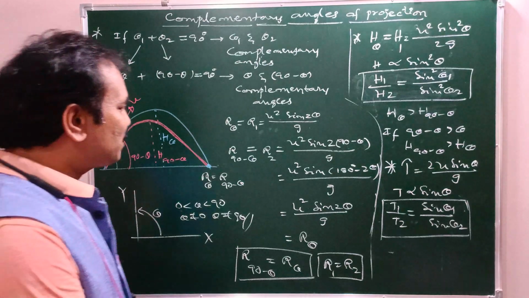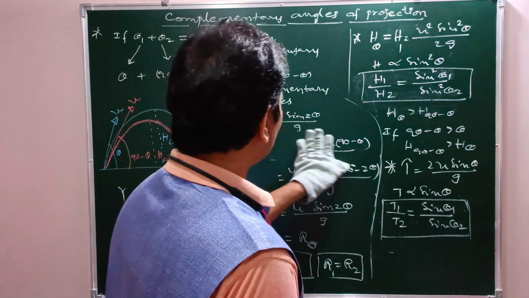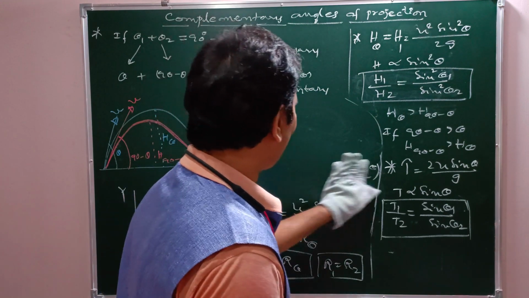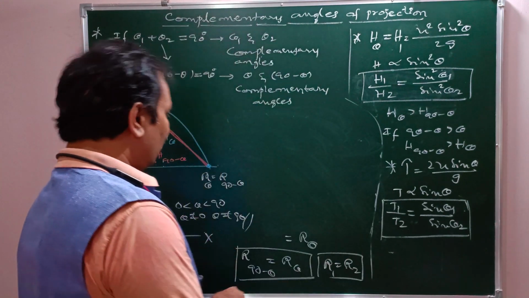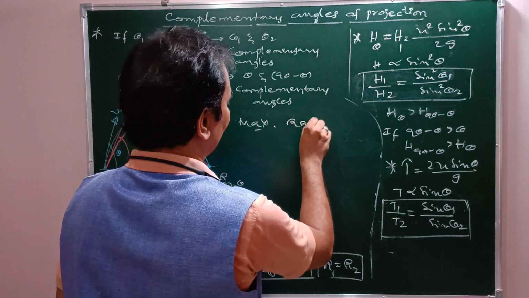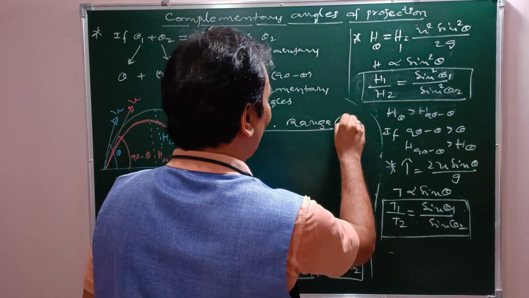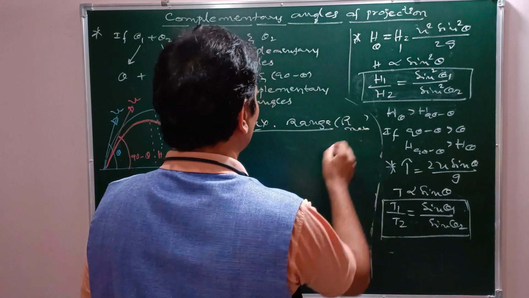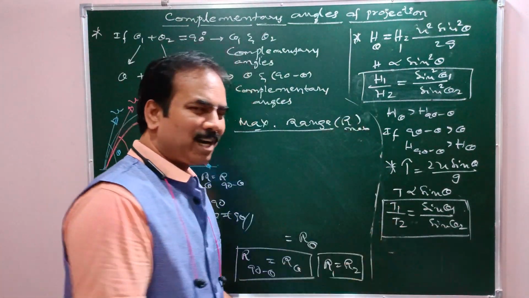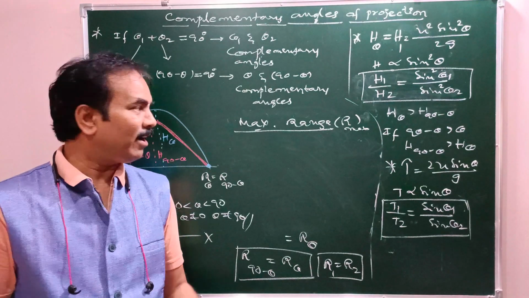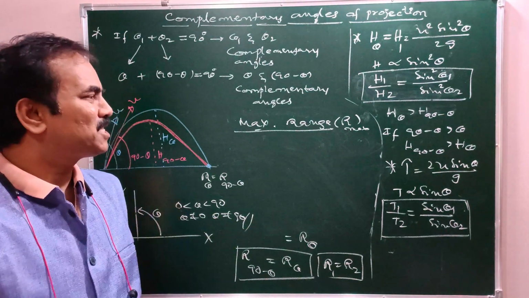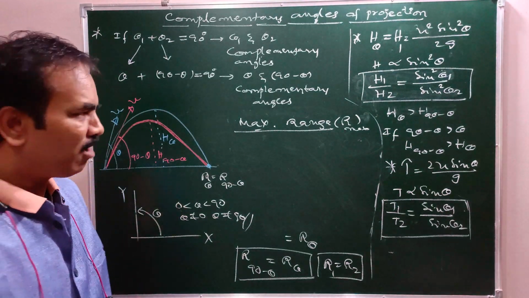Maximum range, R max. When do we have maximum range for a given speed of projection at a given place? For what angle does range become maximum?